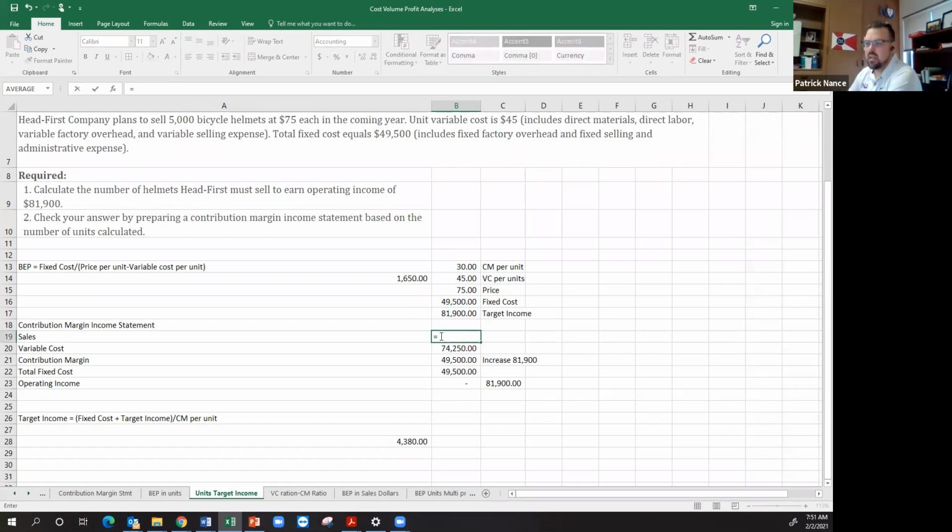If I take my sales price times 4,380, and also take my variable cost per unit times 4,380, and find my contribution margin, and then find my income, it went up by 81,900. So 4,380 units is what it would take for my target income of 81,900.